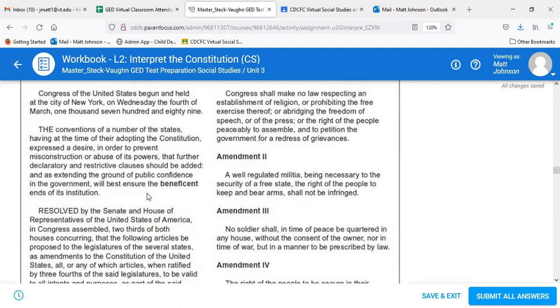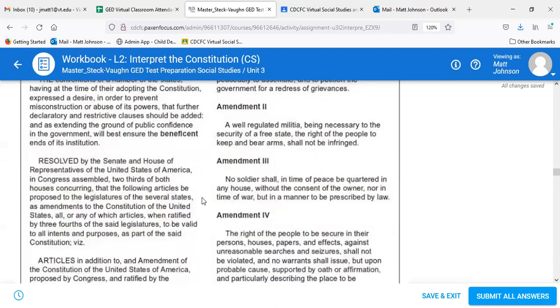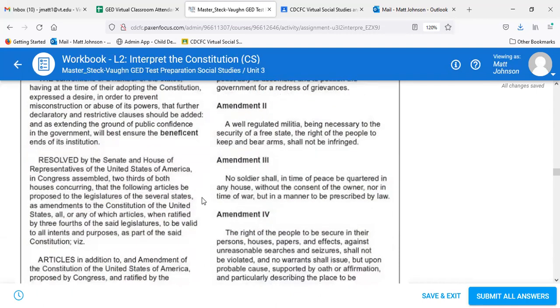The conventions of a number of the states, having at the time of their adopting the Constitution, expressed a desire in order to prevent misconstruction or abuse of its powers, that further declaratory and restrictive clauses should be added, and as extending the ground of public confidence in the government will best ensure the beneficent ends of its institution.